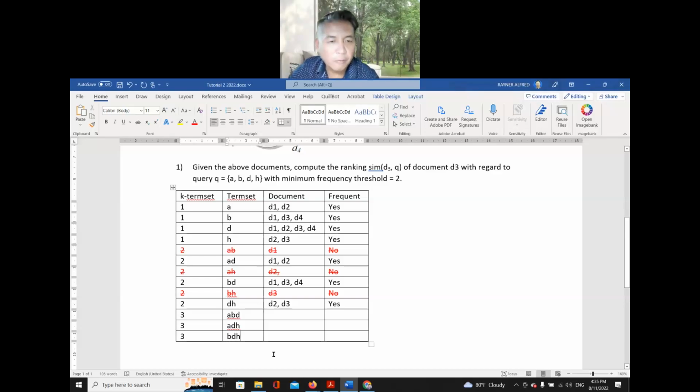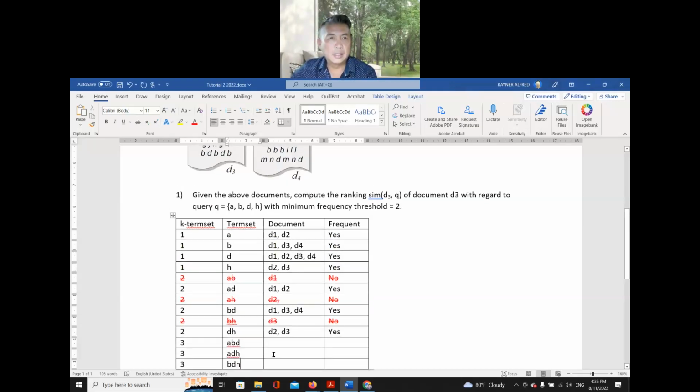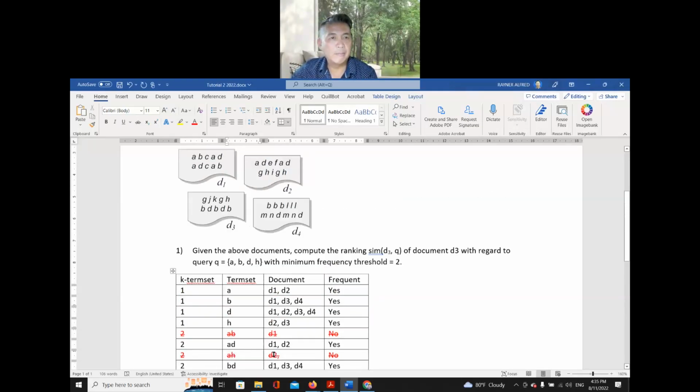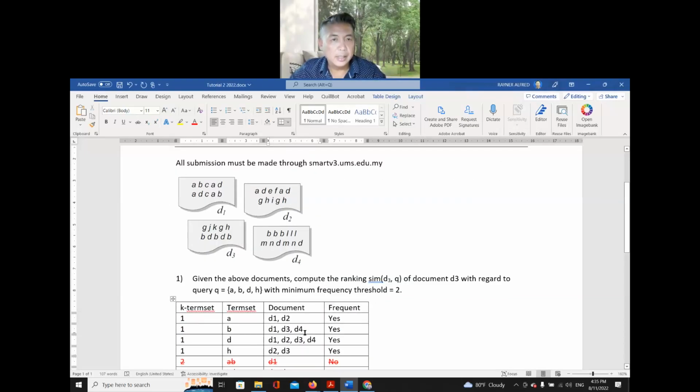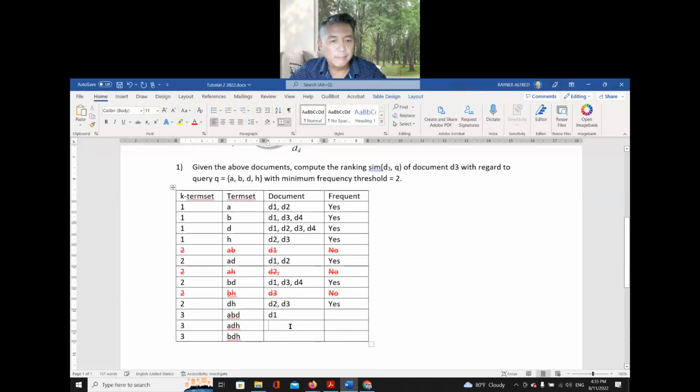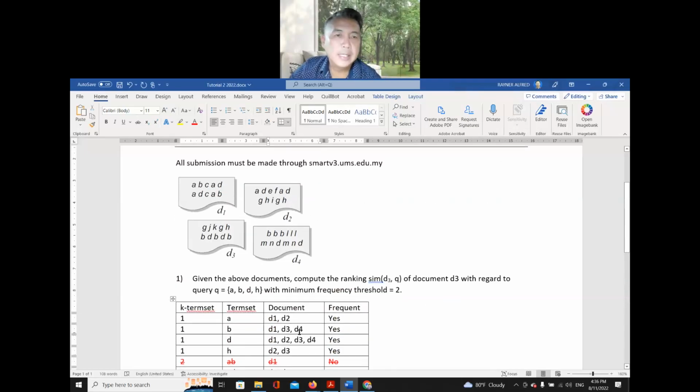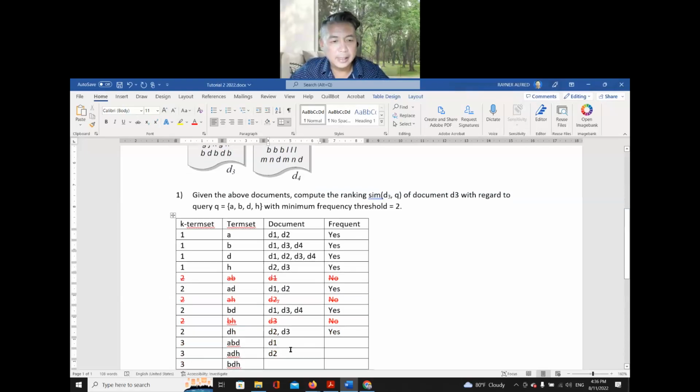We will look for these terms in the documents. ABD we have D1 only. ADH we only have D2. And the last one is BDH. BDH we only have D3.